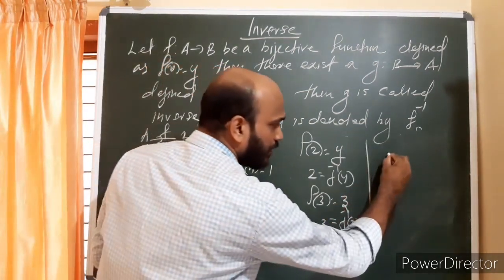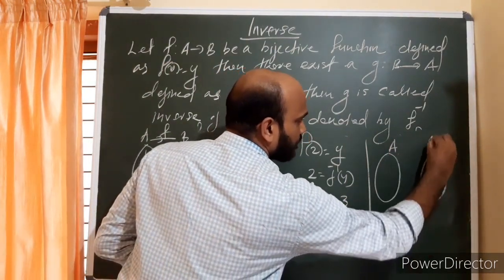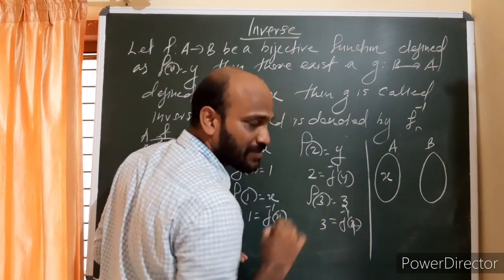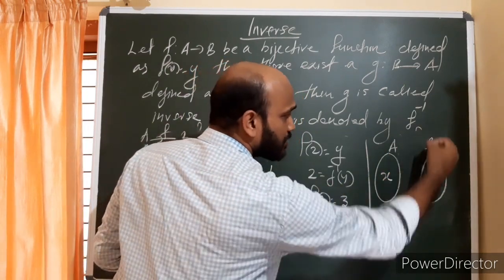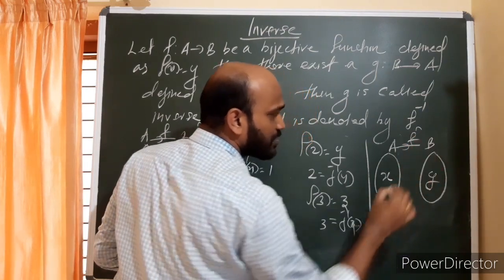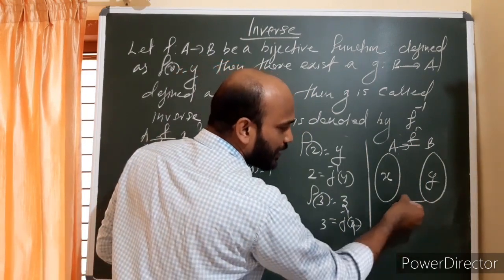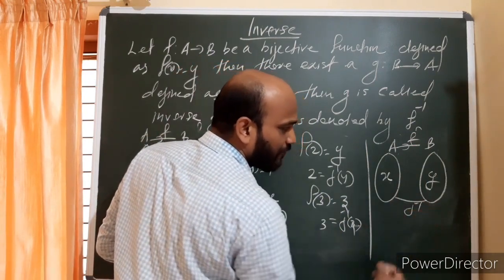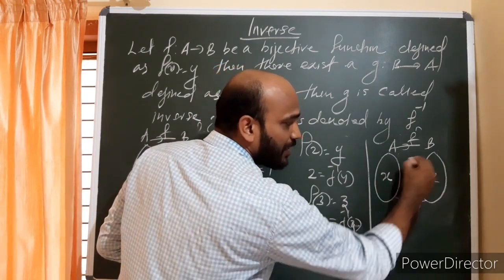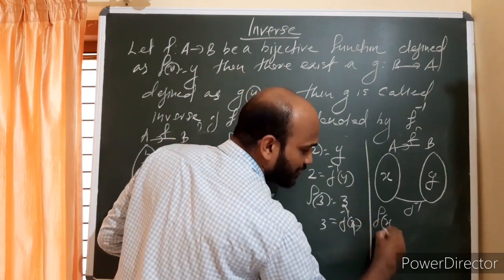Suppose for that we take one set A, other set B. Now element of A you can take as x, generally elements of B as y. Suppose f is a bijective function from A to B. So there f inverse is from B to A. Now image of x equal to y under the function f. That we can write like this: f of x equal to y.